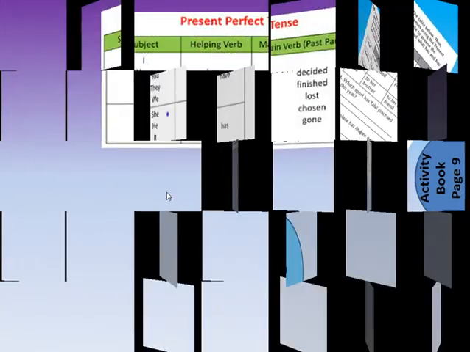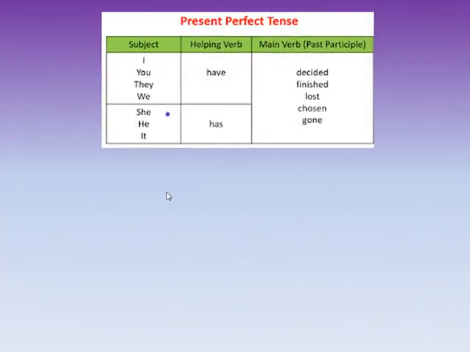Okay, now before we start doing the exercise, we are going to be introduced to a simple and fast revision about the present perfect tense. Look here, we have subject plus helping verb and past participle. With I, you, they, and we use have plus past participle, it means verb 3.